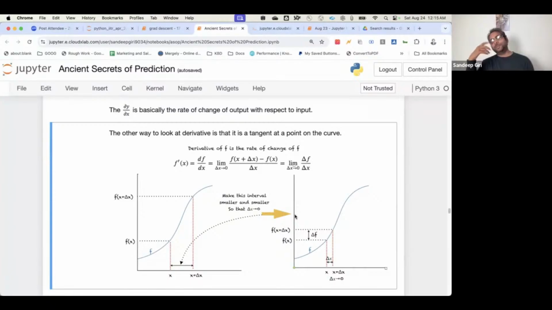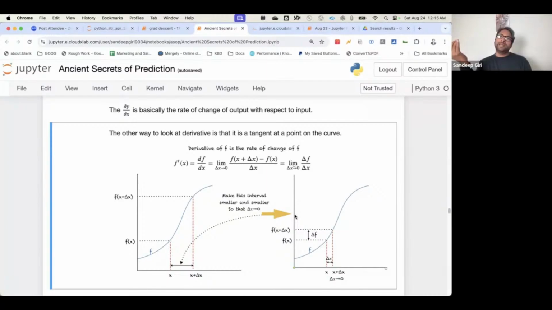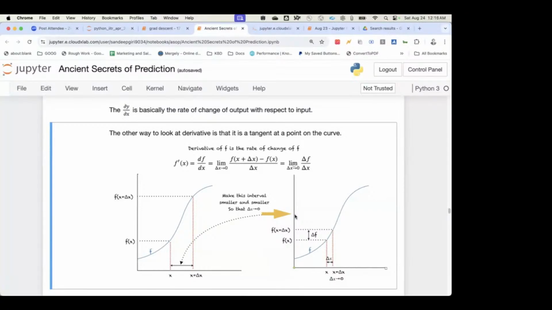Sometimes the change itself is exponential, like the way the coronavirus was spreading, the rate of change of the virus was also exponential.